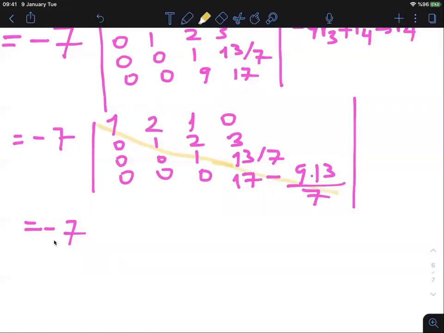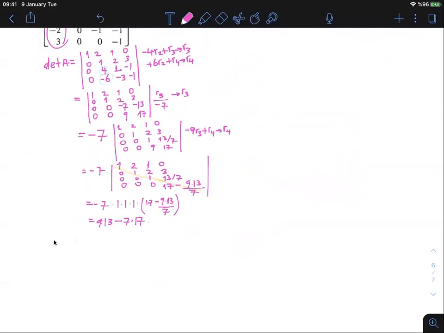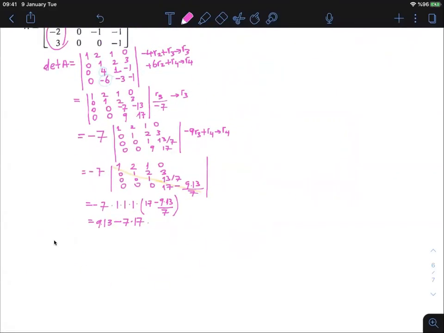The product of the entries on the diagonal, which means this is minus 7 times 1 times 1 times 1 times 17 minus 9 times 13 over 7. Or I can write this as 9 times 13 minus 7 times 17. So whatever this number is, that's the result of the determinant. Any questions?